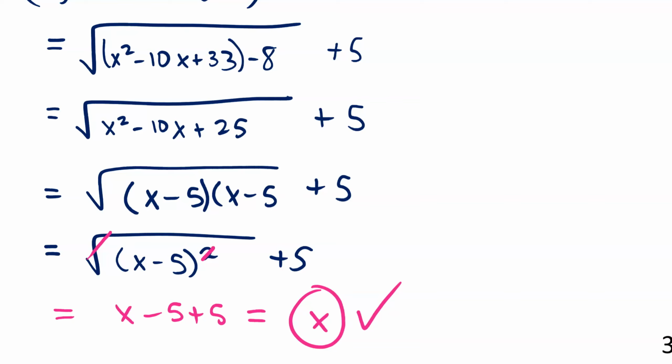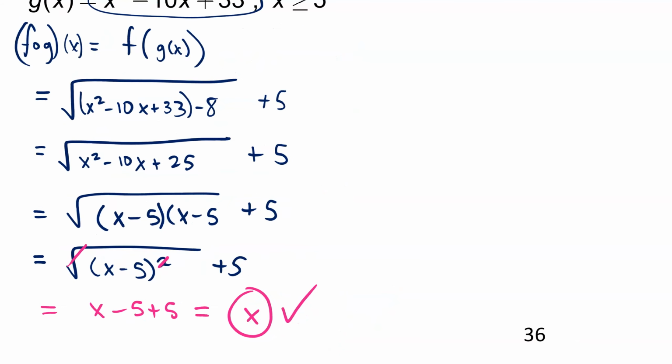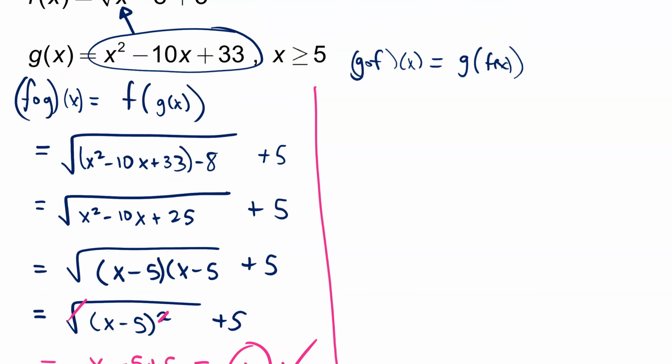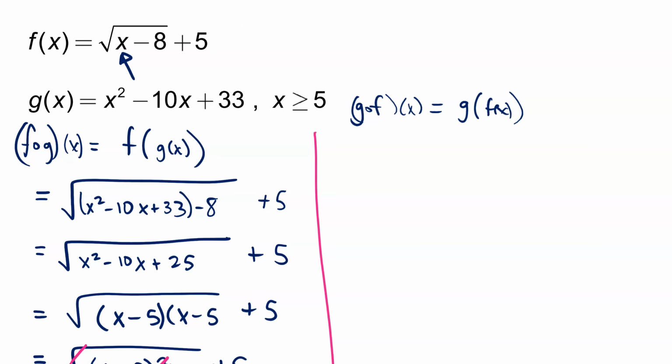Okay, so I want you to try the second half of this problem, now that we've done the first. Now you have to do g of f. We did f of g, now you do g of f. You should get x at the end if these are truly inverse functions. Now everywhere there's an x, you have to plug that in.